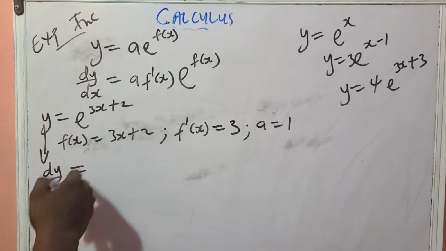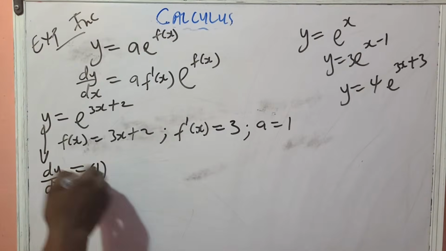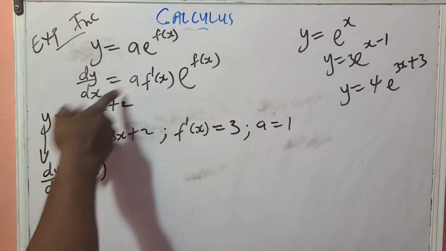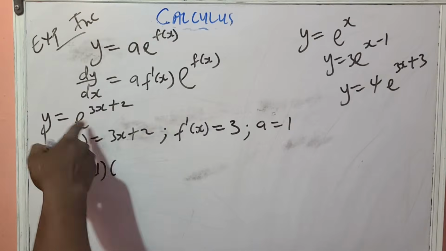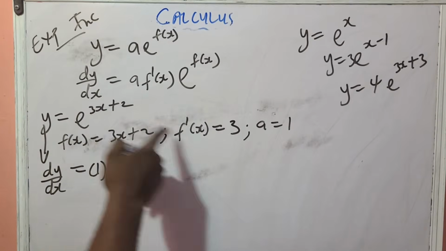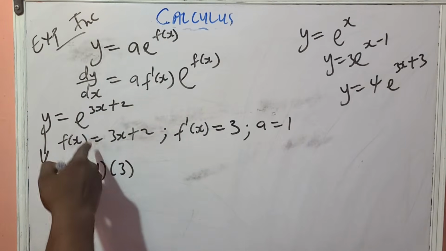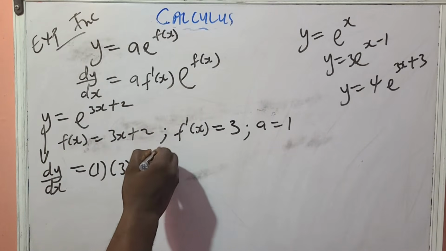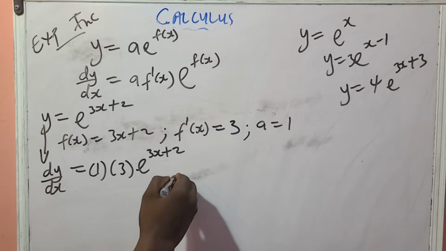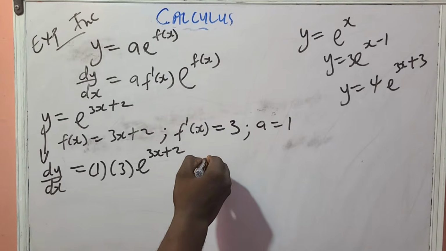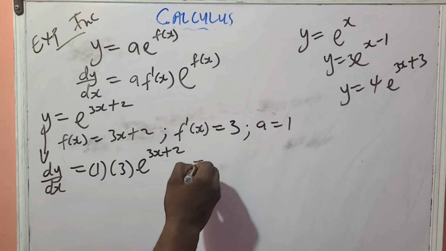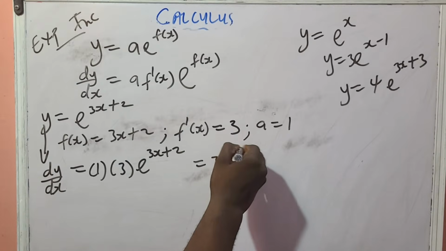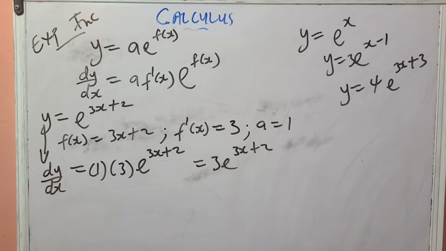So my answer will be that 1, the a, multiplied by the differentiation of the power, that's 3, multiplied by the exponential itself, e raised to power 3x plus 2. So dy over dx is equal to 3e raised to power 3x plus 2. That's all. This is actually all.